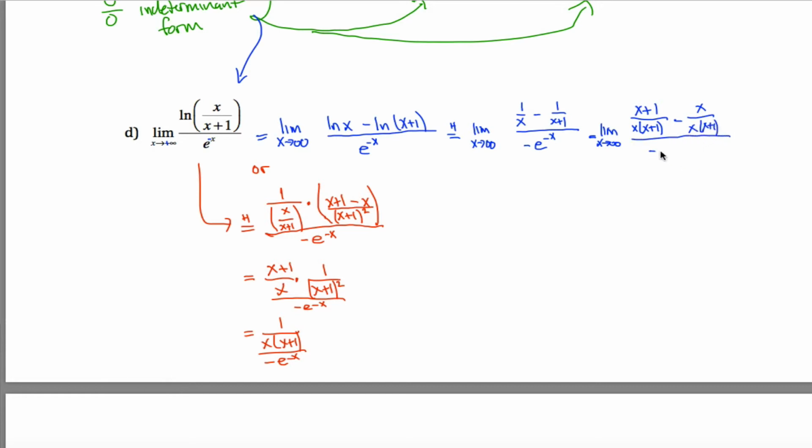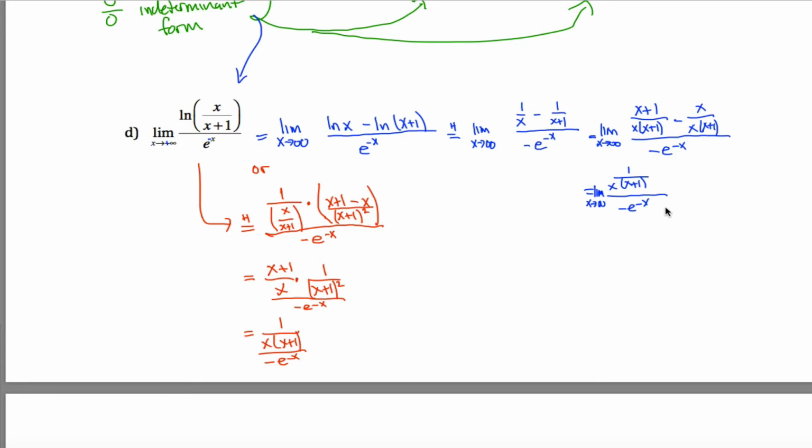That whole thing is over negative e to the negative x. So really what you would have is, if you subtract the numerators, you got 1 over x times x plus 1 divided by negative e to the negative x, and it's the limit as x approaches infinity of this expression right here.